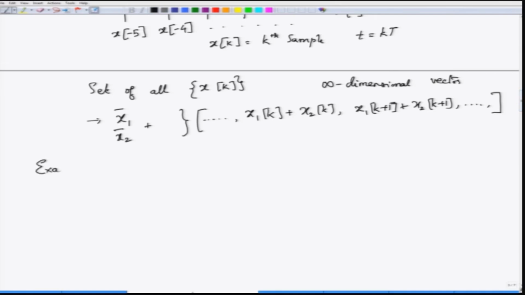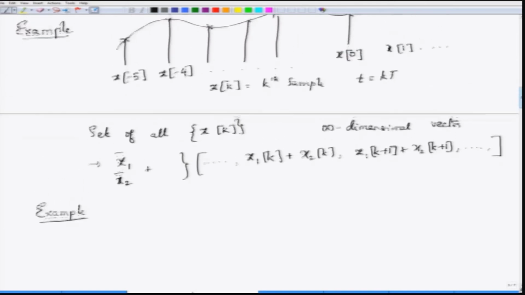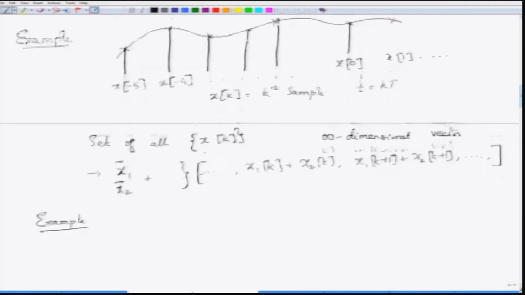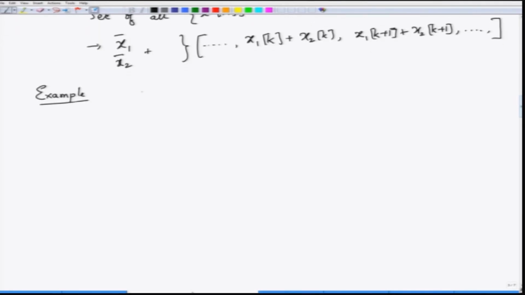Now, let us go into a slightly more abstract thing, wherein we want to consider not the sampled waveforms x of k, but rather a set of all continuous time signals, okay. We want to consider the set of continuous time signals such that each signal, say x of t, goes over the time duration say t1 to t2.